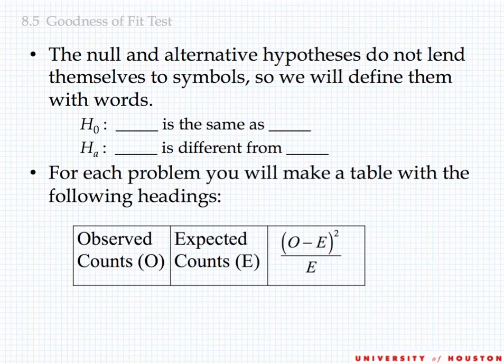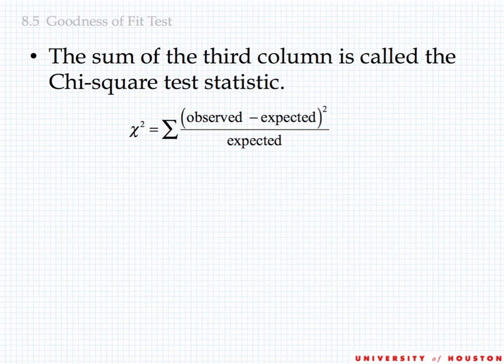For each problem, you will be making a table with the following values. We will need observed counts, expected counts, and then for each piece of data, we need to calculate the value of the observed minus the expected squared divided by the expected value. The sum of all those observed minus expected squares over expected is called the chi-squared test statistic.